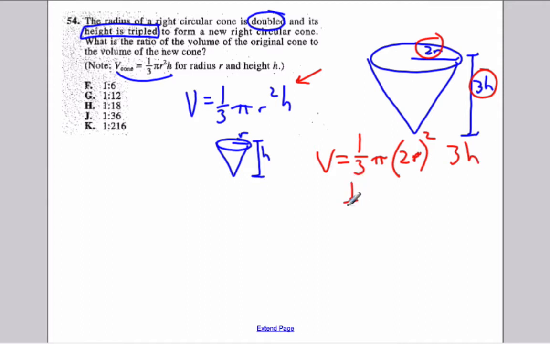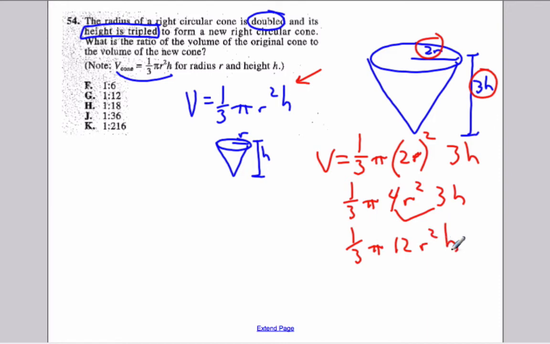Multiply it out, this is 1/3 pi, 2 squared is 4, radius squared is radius squared, and then your 3h. I'm just going to combine these terms, so I get 1/3 pi 12 r squared h. Just multiplied those two.